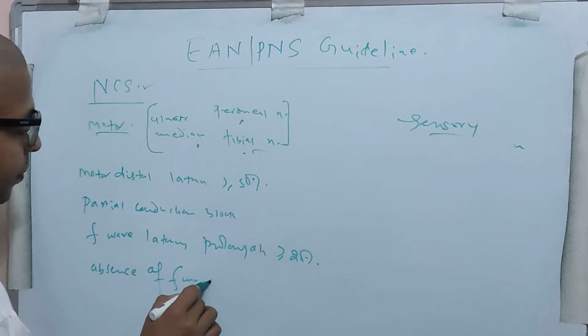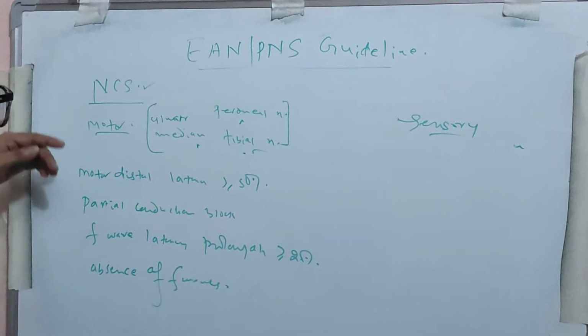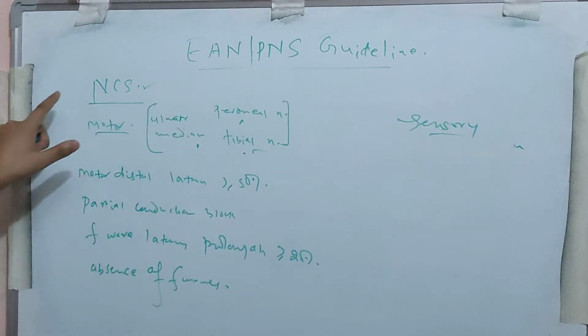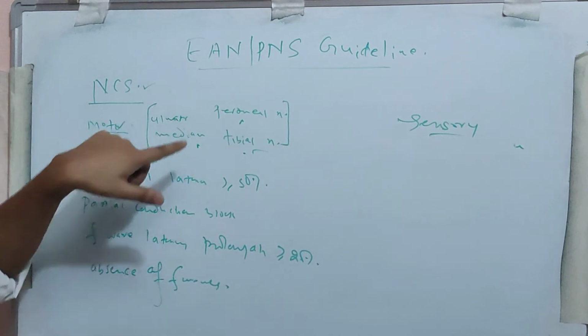So this is the motor component. If you get any of these in at least two nerves, then it is definitive CIDP. If only one nerve, then possible CIDP.